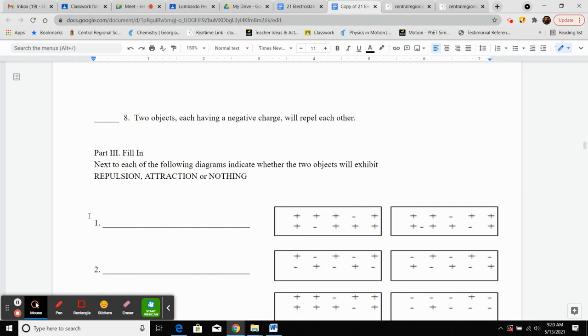If they're both neutral, what's going to happen? Nothing. If they're opposites of each other, if one's negative and one's positive, it's going to attract. If it's a neutral with either a positive or a negative, there will be an attraction force, and then it will be repelling if both of them are positive or both of them are negative.